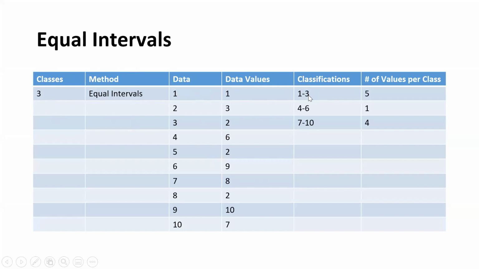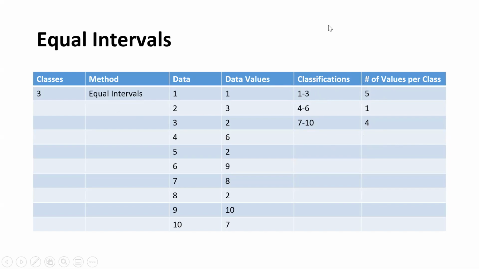You can see that the gap between the upper and lower margins of each class remains the same. But we are not considering how many data values will be inside each class, because we are disregarding that; our concern is ensuring equal intervals based on the topmost and the lowermost values.